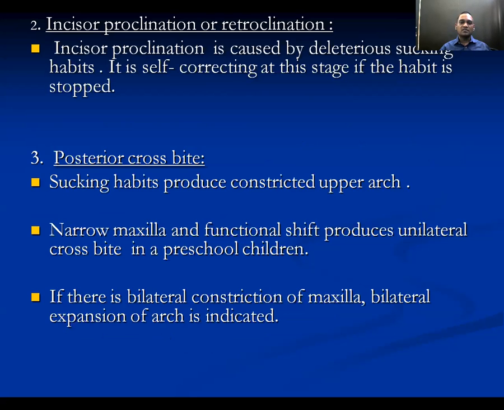Habit breaking appliances can be given to correct the proclined incisors. If the patient has a posterior crossbite, it can be due to thumb sucking habits. So thumb sucking habit appliances can be given, or sometimes expansion appliances can be given to correct the constricted arches.